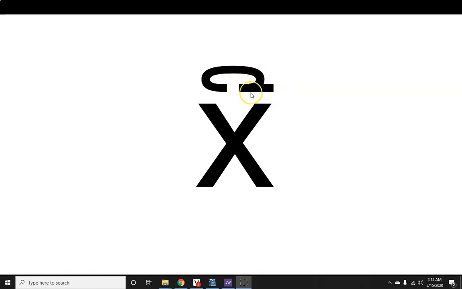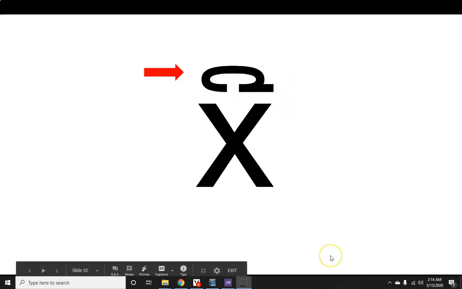Let's go back up to E. E does not have the line, so this is the short one. This one has the line, the tail here. So this is E, the long sound. Now you're going to see something similar in the next two as well. So this is sala E.